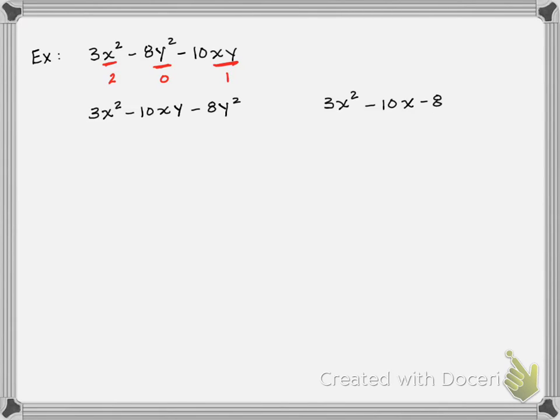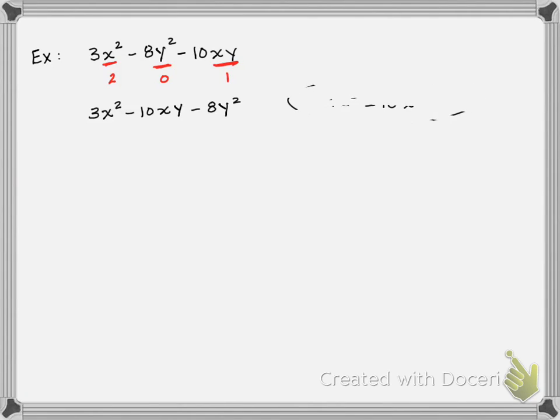In terms of factoring this as a trinomial using your AC method, the process is exactly the same as this polynomial, right? Our a is 3, our b is negative 10, our c is negative 8. So our coefficients are all the same, and in the middle term, the number of factors of x is half the number of factors of x in the first term.